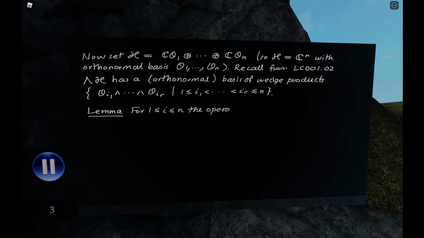So the operators, again I'll just write theta i for wedging on the left with theta i, and theta i star for contraction with that dual vector. I claim they're adjoint.